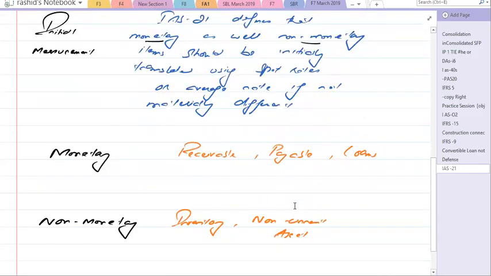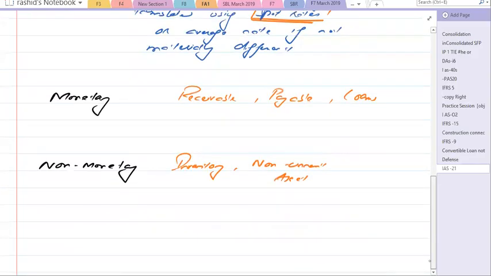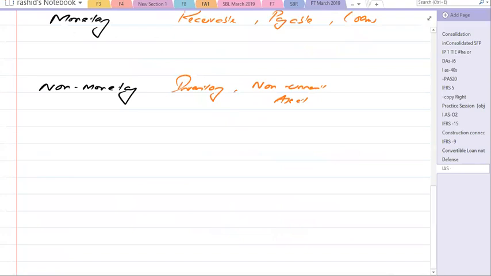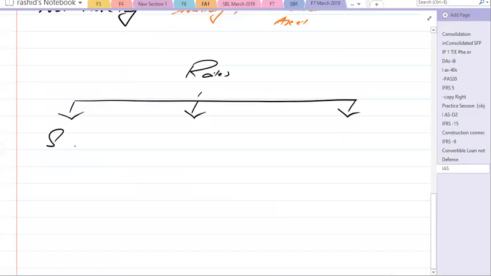Whether you have monetary items or non-monetary items, both should be initially translated using the spot rate. When I say spot rate, that means the rate at the transaction date. Normally you have 3 types of rates: the spot rate, the average rate, and the closing rate.